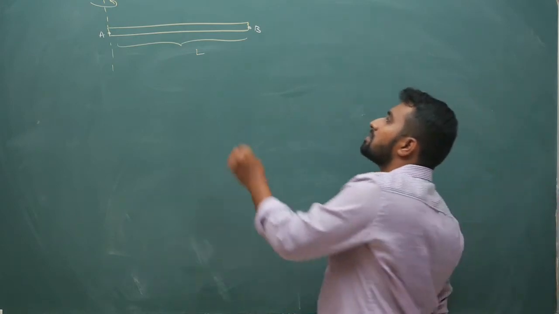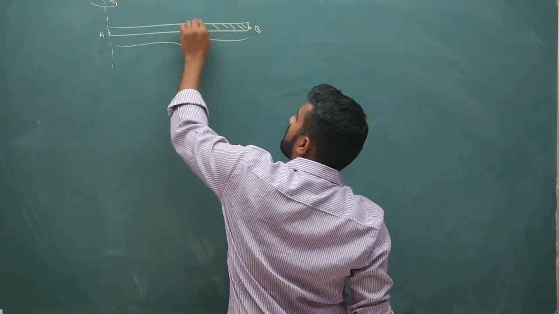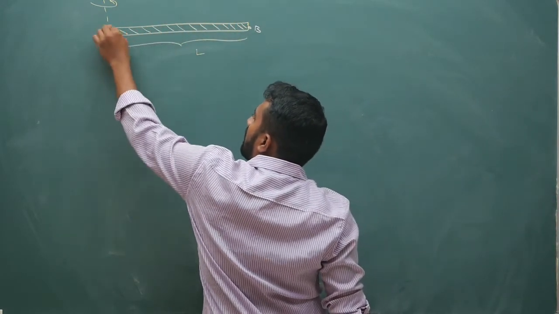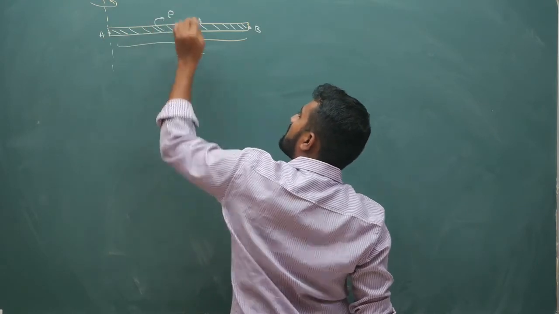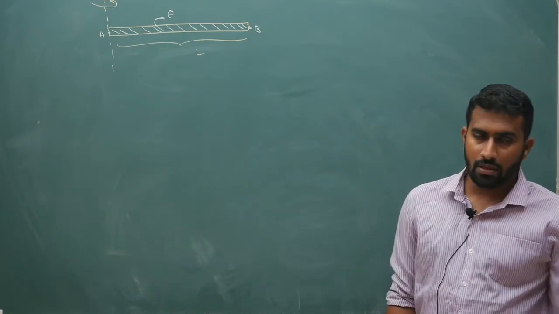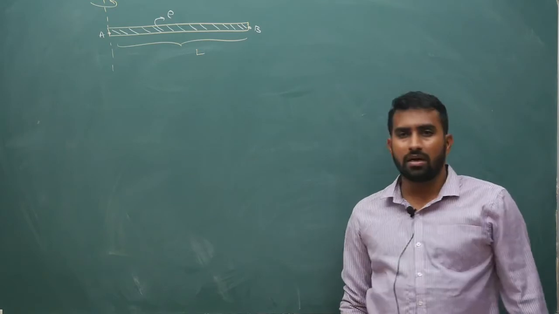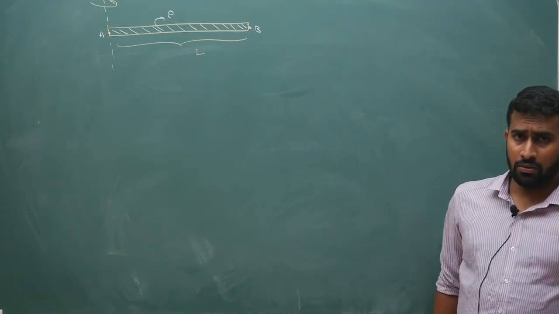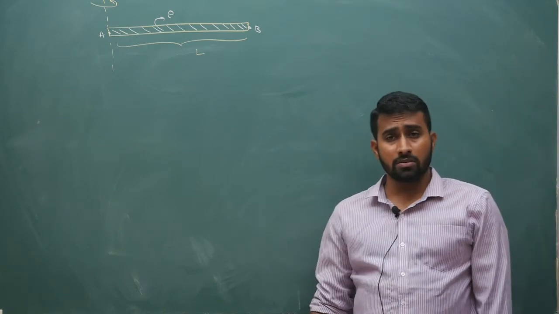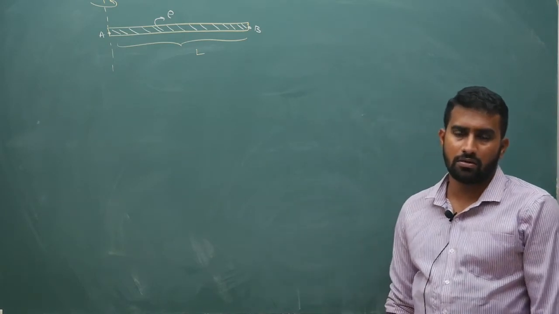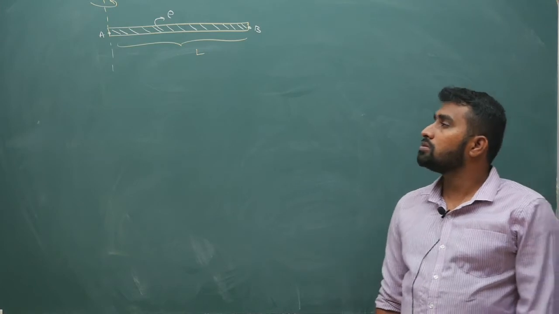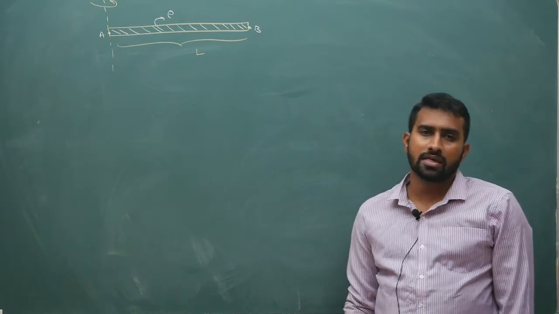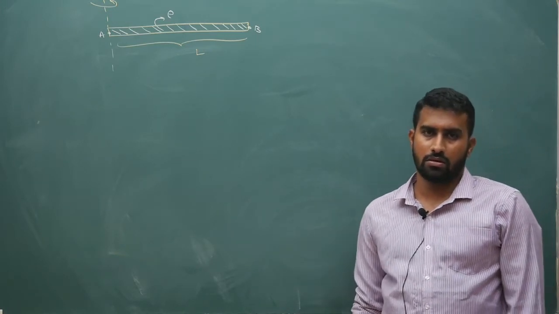Let us say this liquid container is having a liquid of density rho. Now I am trying to calculate the pressure difference between these 2 points. From common sense, first of all, you are supposed to guess on which side the pressure will be more.